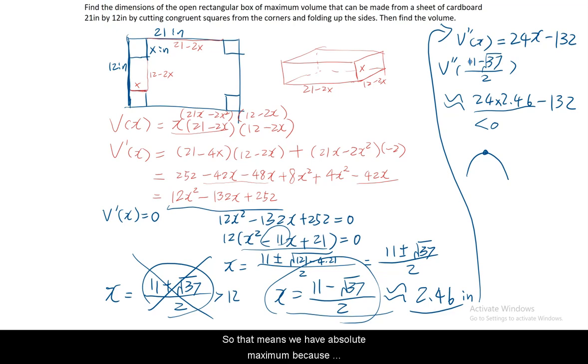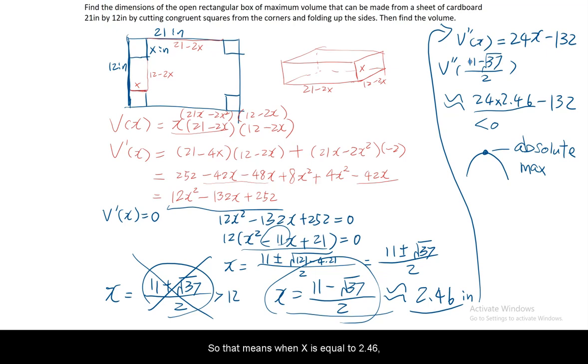So that means we have an absolute maximum, because we only have one critical value. Right? So we have one absolute maximum. So that means when x is equal to 2.46, v has a maximum value.